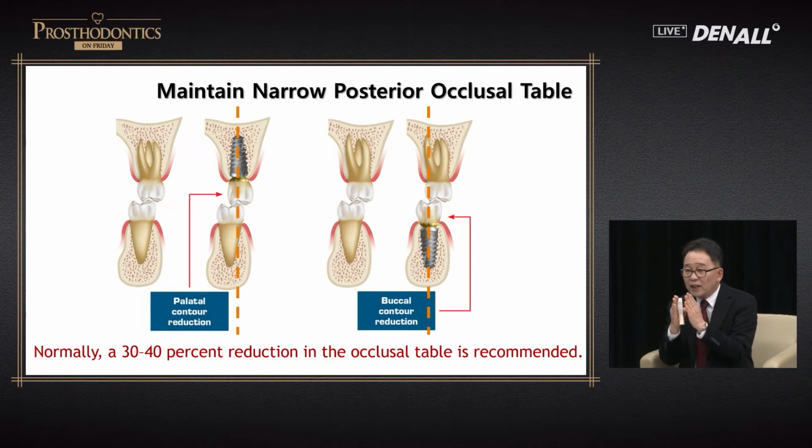Therefore, we need to place it a little bit outwardly for better interjaw relations, and the opposite is true for the mandible. So, palatal reduction on the maxilla and buccal reduction in the mandible is recommended.